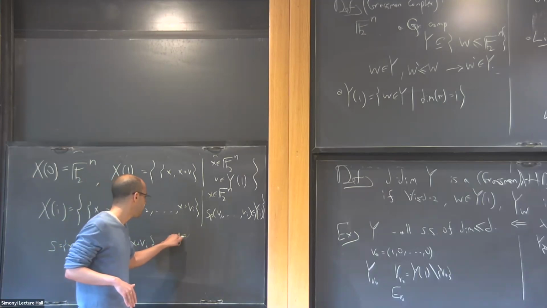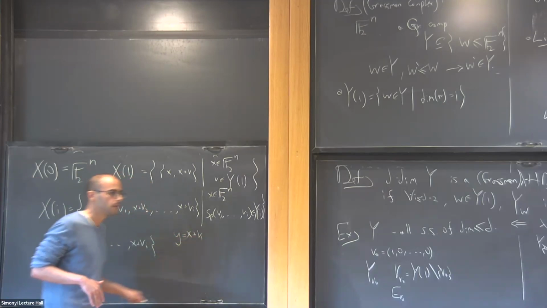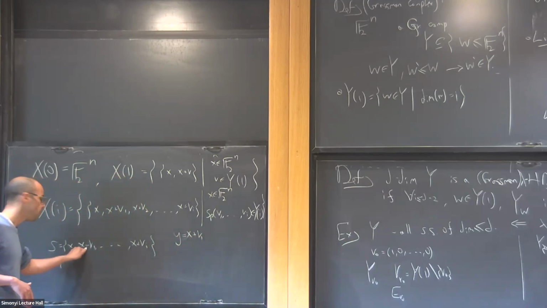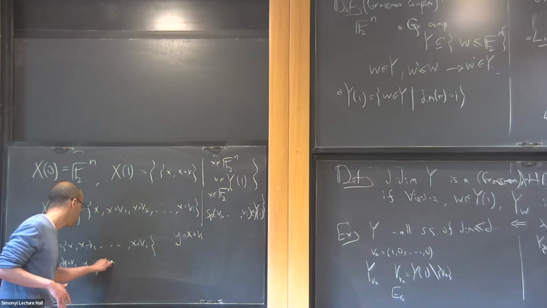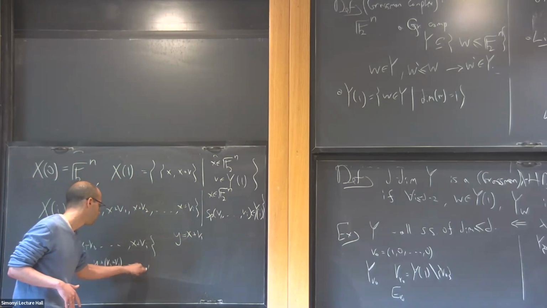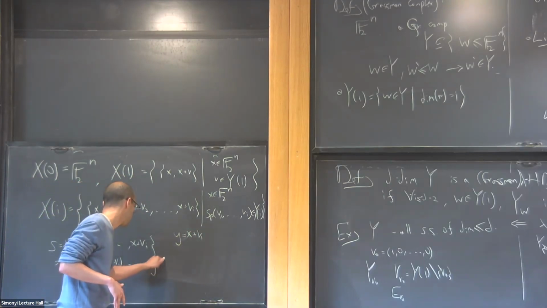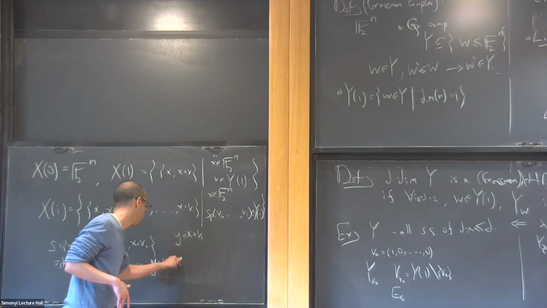Because for example, if I have Y, which is X plus V1, then I can write this where the second point is Y, but the first point is also Y plus V1, and the rest are Y plus V2 plus V1 up to, sorry, Y plus Vi plus V1.